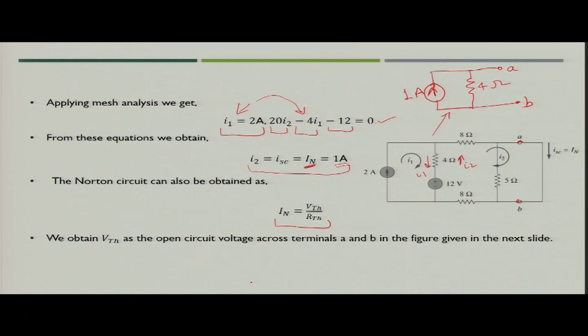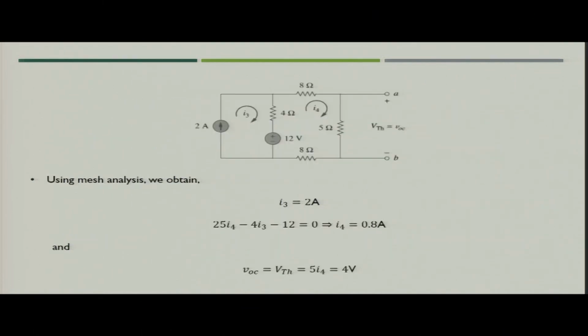So, we have to utilize our knowledge of Thevenin's theorem and find out the open circuit voltage across terminal A and B. Now, if you see the figure again, we are not going to find the value of Thevenin resistance, because we know that Thevenin resistance is equal to Norton's resistance, which we obtained as 4 ohm.